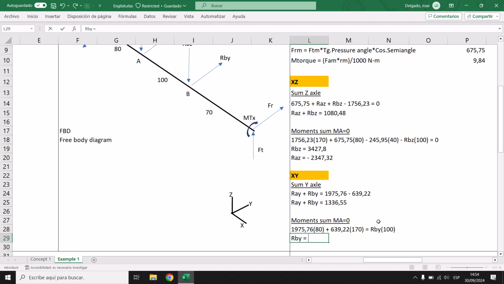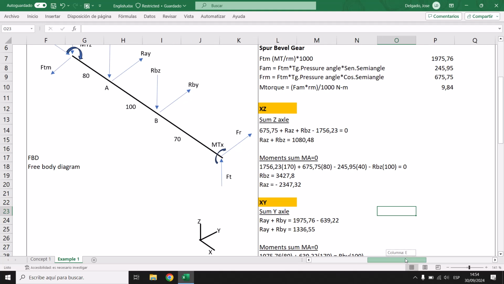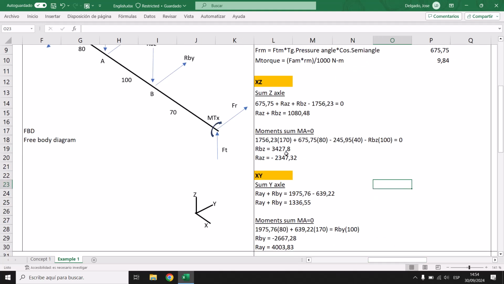Sorry, it's going to be 2677.0.28 here, and the difference is going to be 4003.83. So now with this information, you can start your diagrams, your shear, your bending, and your torque diagrams, because you know your reactions.